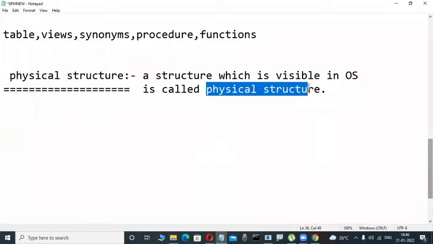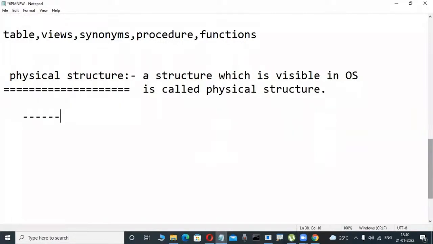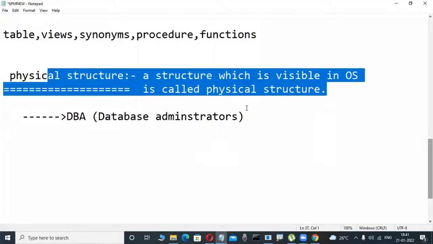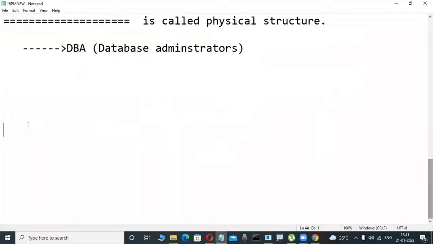But the physical structure, you and I are not working in. Some different type of persons are working there. Who are they? DBA, the database administrator. In project side, some other type of persons are there in a database. Database administrators only work in the physical structure. Suppose I am an Oracle DBA, for example.